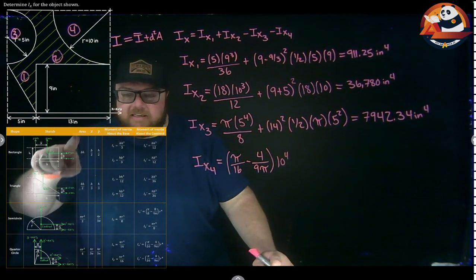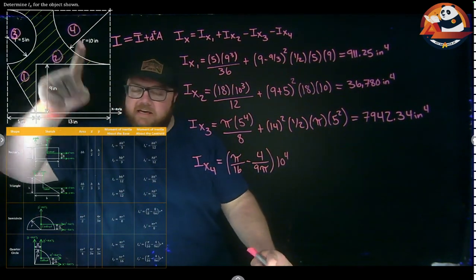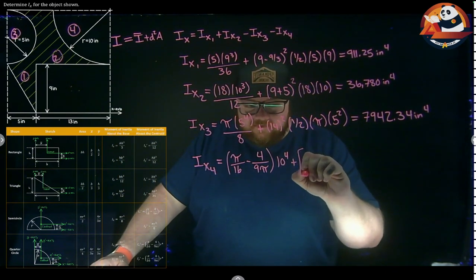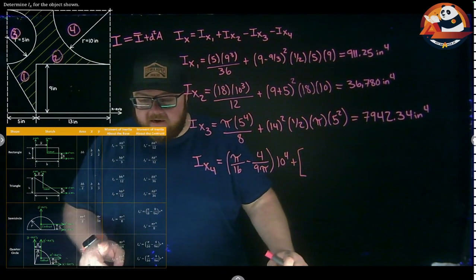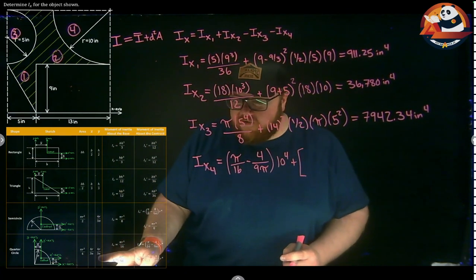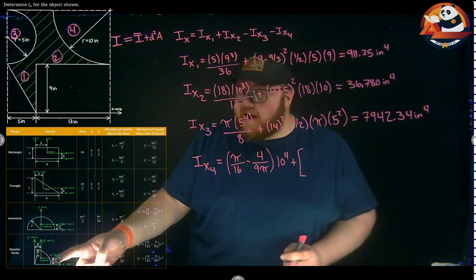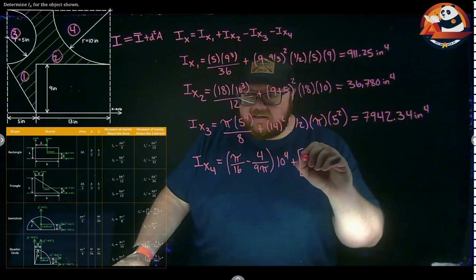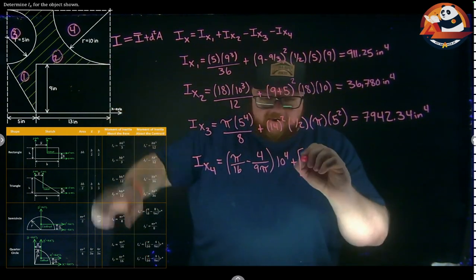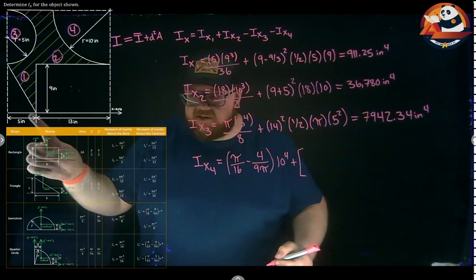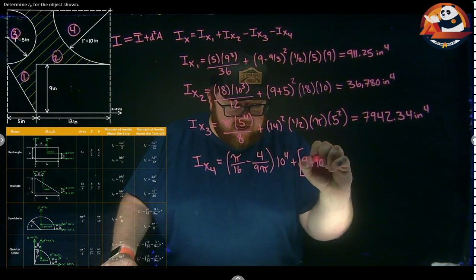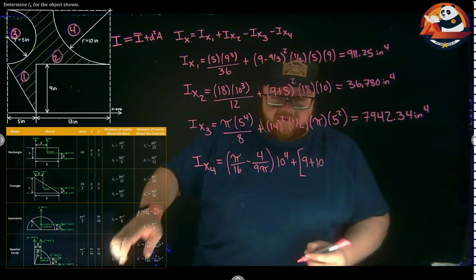Plus my distance from the x-axis to the centroid of shape 4 squared. My centroid formula here measures 4r over 3 pi from the flat side, so I need to first go up in the y direction to the flat side. So plus 9 plus 10, so that I'm starting all the way at the bottom here.